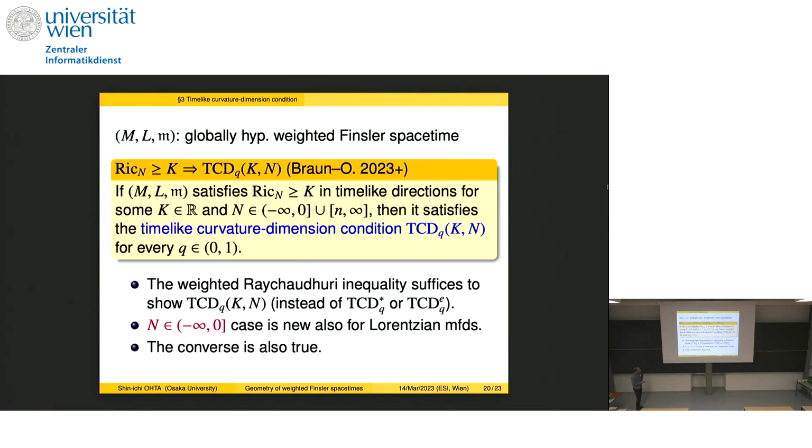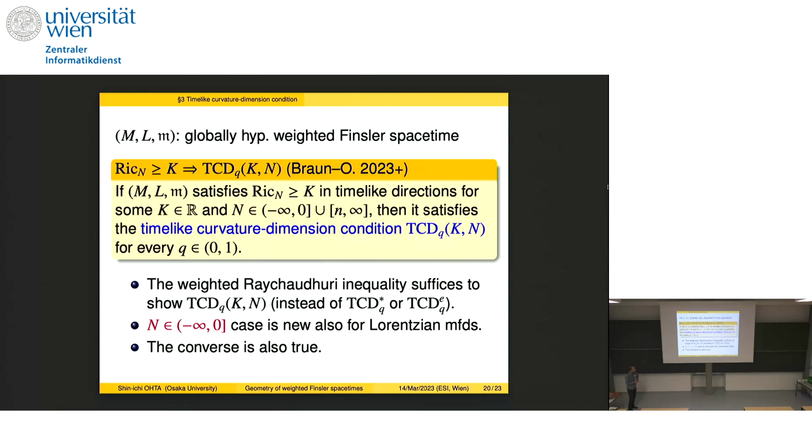Okay, there are some remarks. It turns out the weighted Ricci inequality I explained is good enough to show this TCD condition. Let me emphasize that this is enough to show the original version instead of the reduced one or the entropic one.